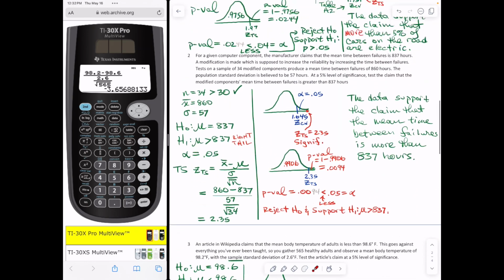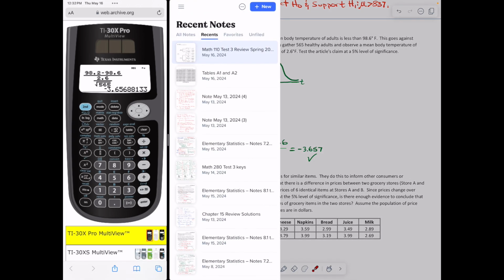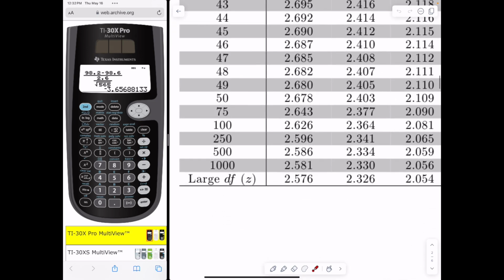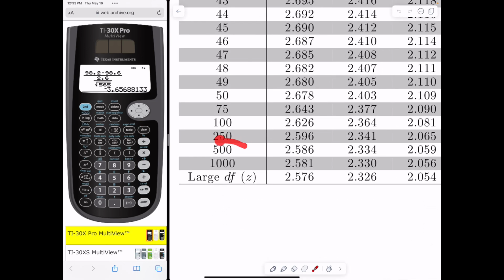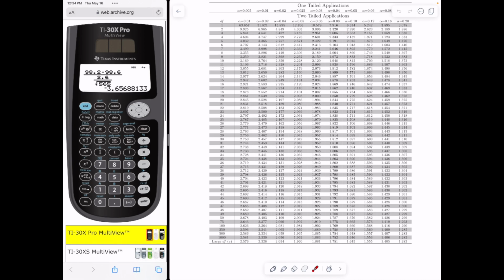Oops. Table's not there. So my table I'm going to have to slide over to. Okay, we're looking for a critical value, and I don't have 564 degrees of freedom, but I do have 500. All right, so with 500 degrees of freedom, that's the closest we can get. I think we are going to go over to 1.648, which lines up with an alpha of 0.05 in one tail. Okay, 1.648 there.